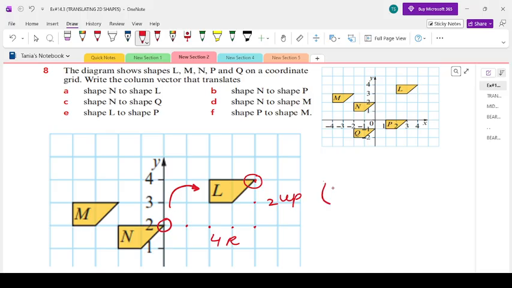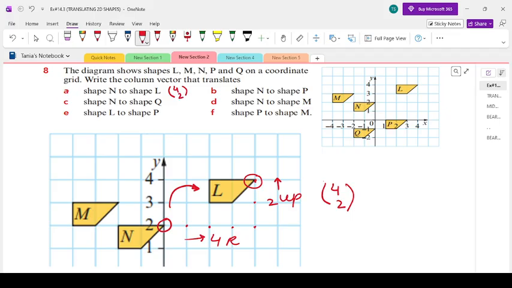So the column vector must be 4 times of x-axis and 2 times of your y-axis. 4 is positive because we are moving to the right side and 2 is also positive because we are moving upside. So for this the column vector is (4, 2).